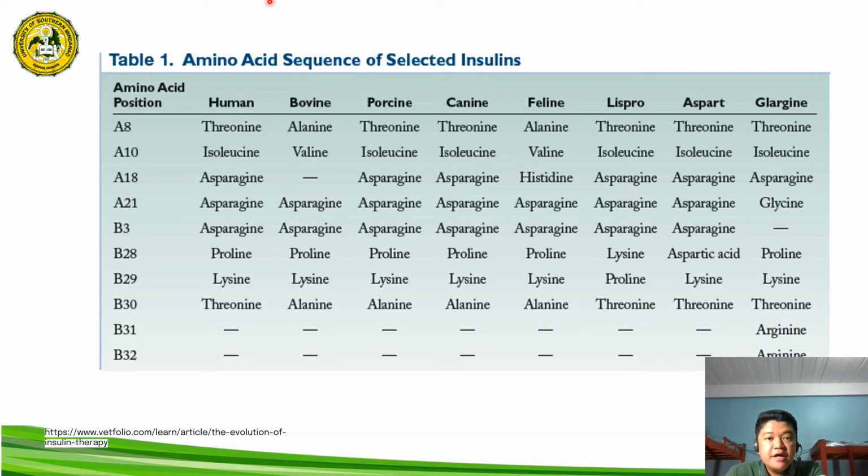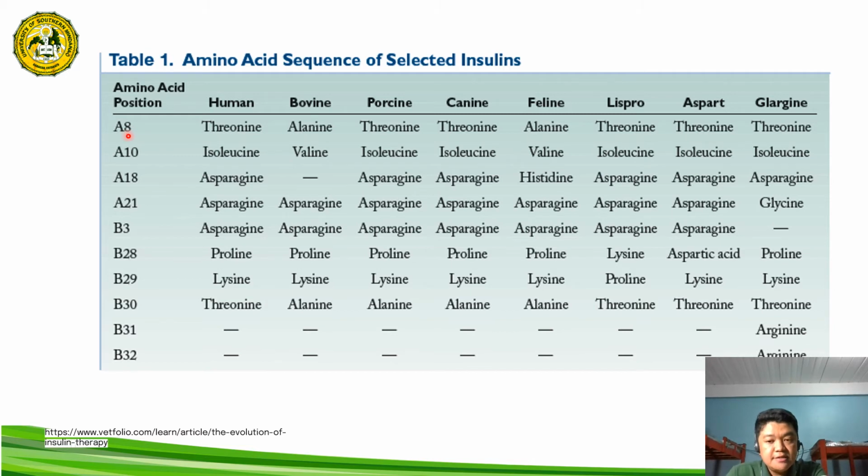We also have here another example of the different animal-based insulins. And we also have here the man-made, or the synthetic type of insulin. So we have here the human, bovine, porcine, canine, and feline insulins. So they are compared according to their variation in the amino acid composition that is located at the A8.